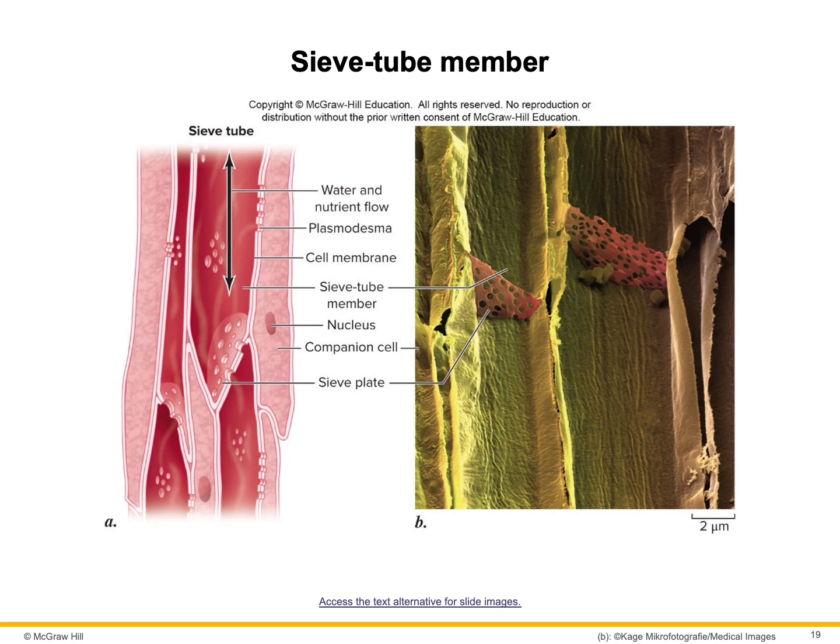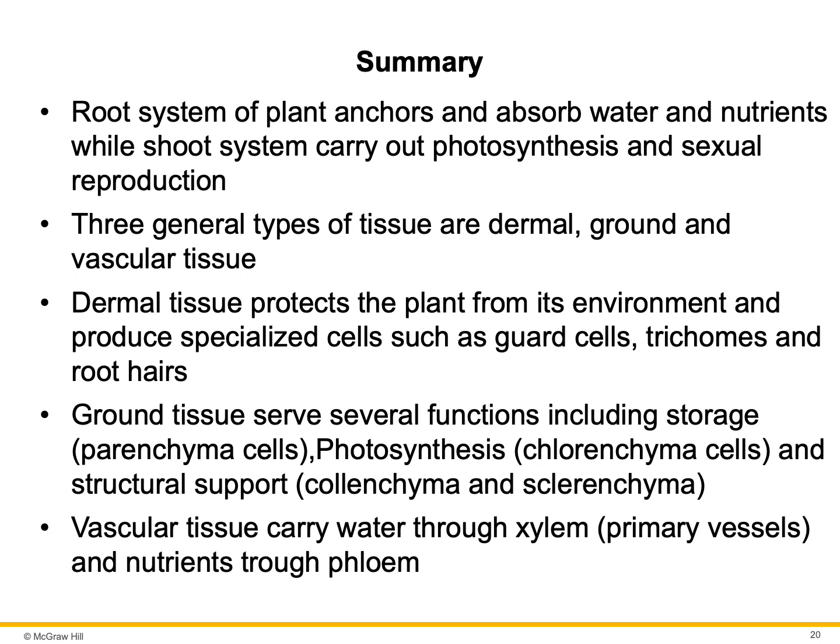in the phloem. So in summary, the root system of a plant anchors and absorbs water and nutrition, while the shoot system carries out photosynthesis and sexual reproduction. Three general types of tissues that are found in these vascular plants are dermal, ground and vascular tissues.